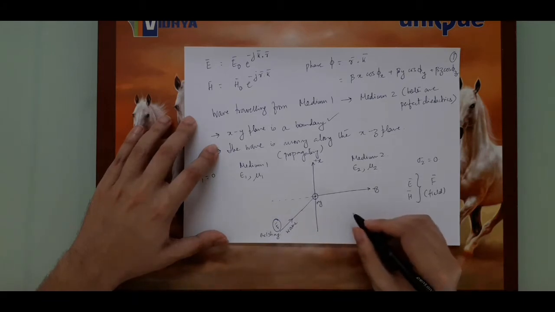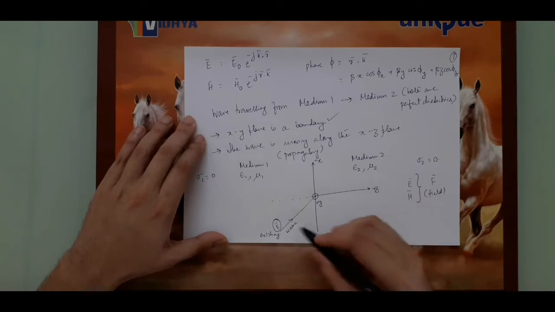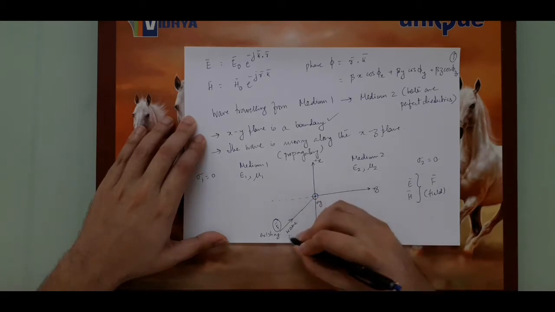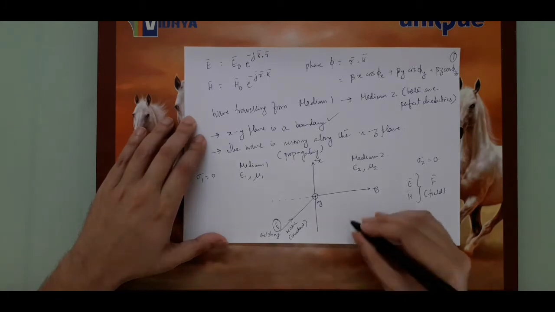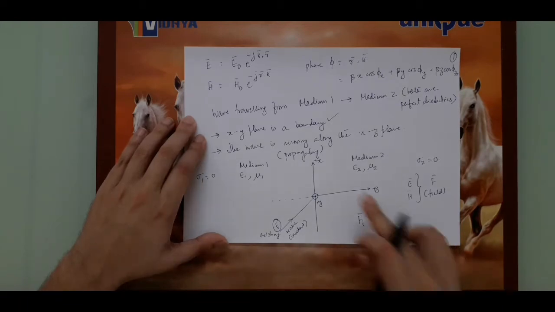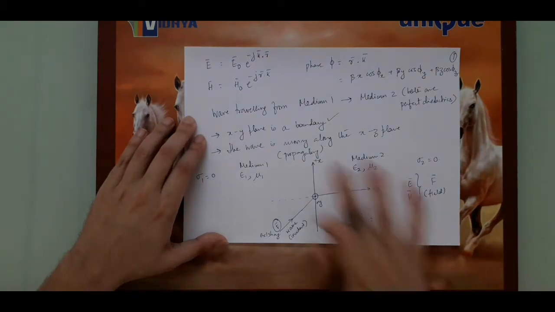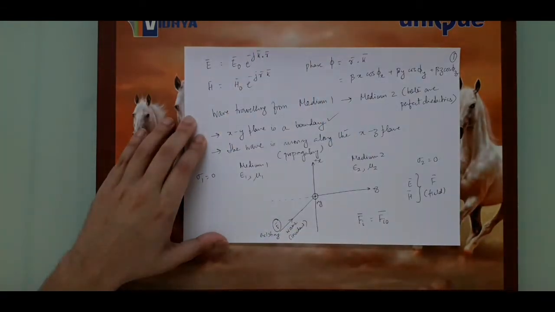So we can say that this wave, since it is hitting the boundary, is the incident wave. Let us call this wave field Fi, that is the incident field. Using this, I can write it as Fi0 vector. Now what this vector is, again, is not my concern at the moment because it will show you the field direction.